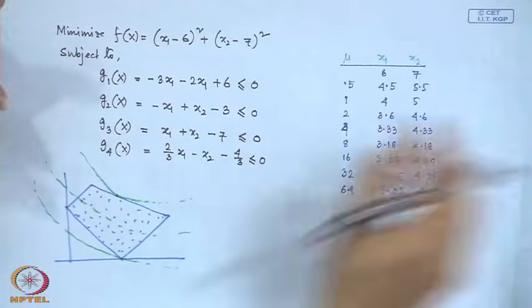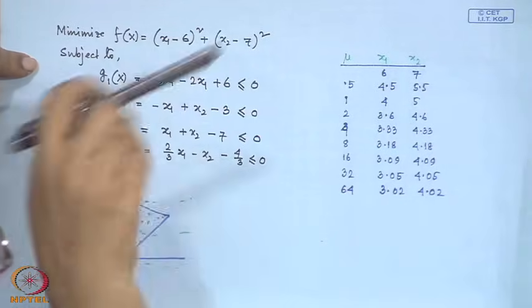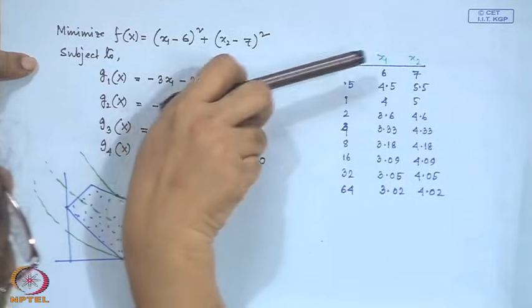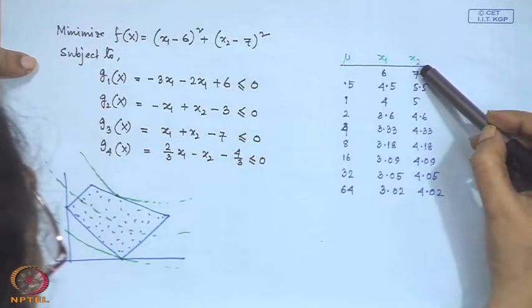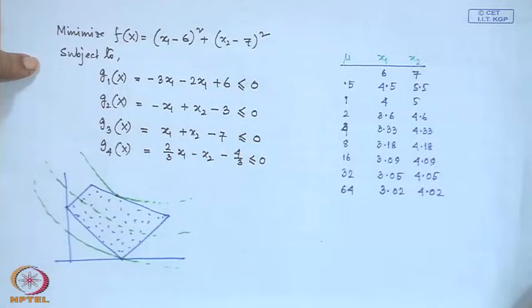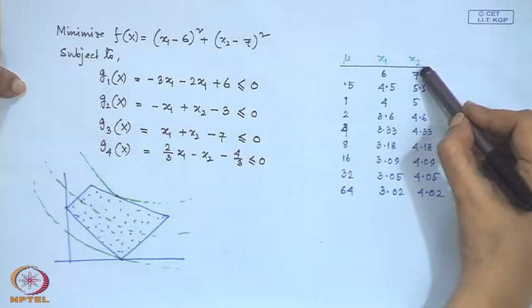Instead of applying this technique, let us apply the iterative process and see what is happening. We are starting from mu value 0.5, and we are starting from (6, 7), because as I said again and again, for solving the unconstrained problem, some techniques need an initial guess, and the selection is very important.